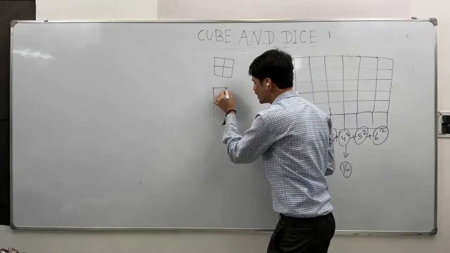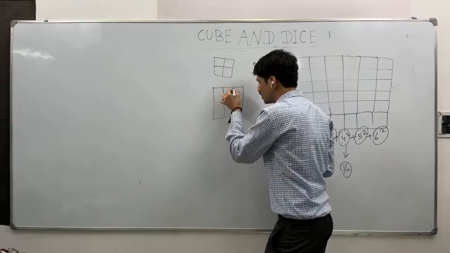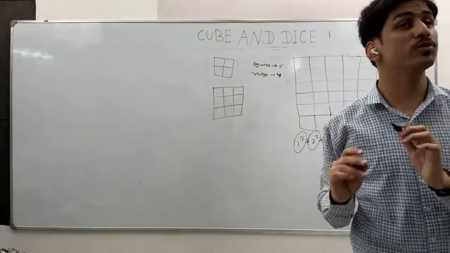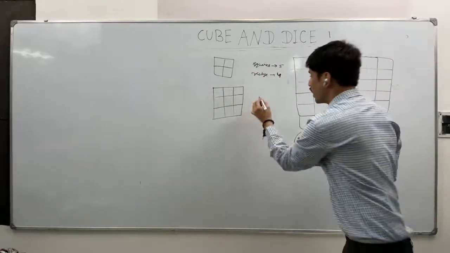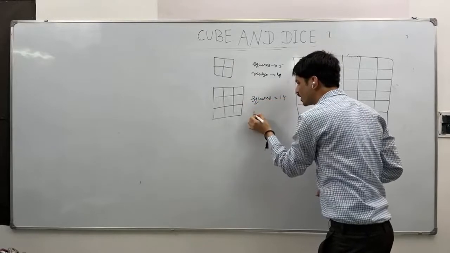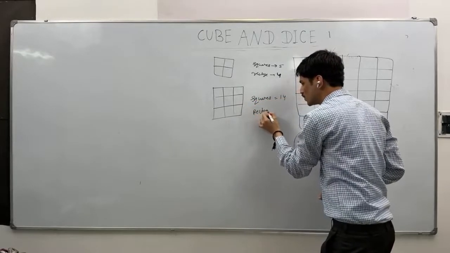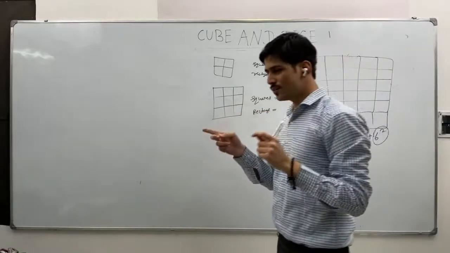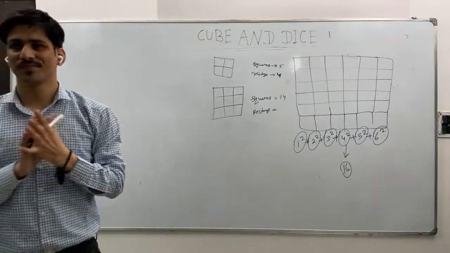Now question is, let's say you have 3 cross 3. Now tell me how many rectangles are there. First of all, how many squares are there? 14. How many rectangles are there? First of all, tell me, will rectangles be more or less?